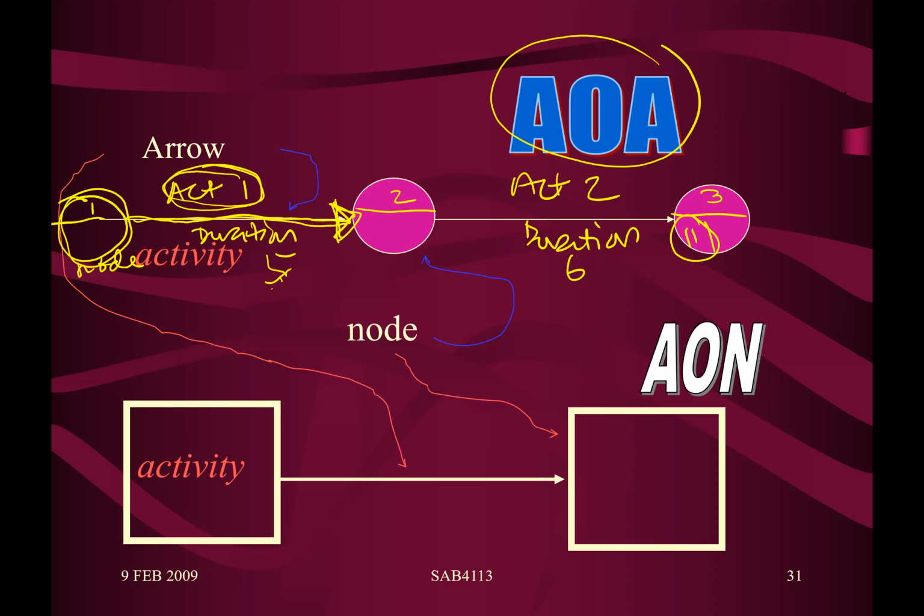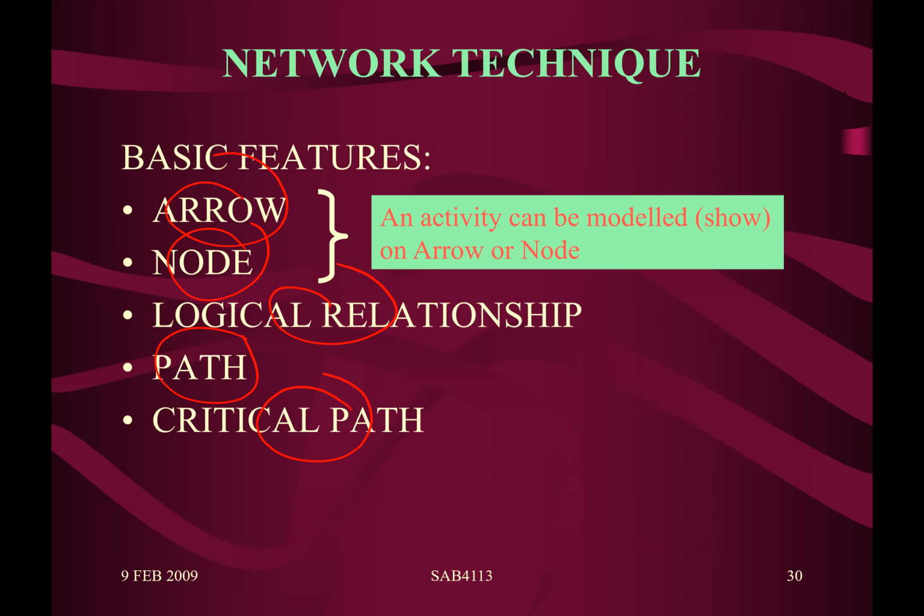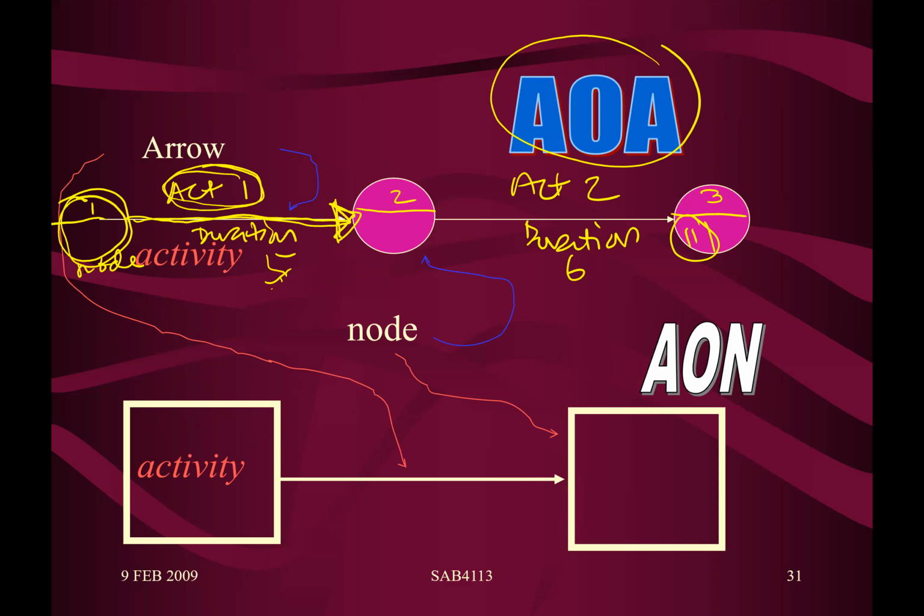Okay. And you notice that in terms of relationship, the previous slide told us about arrow and then node. Number 3, logical relationship. By looking at this diagram, you notice the beginning of the arrow indicates what we call start, and then this is what we call finish.